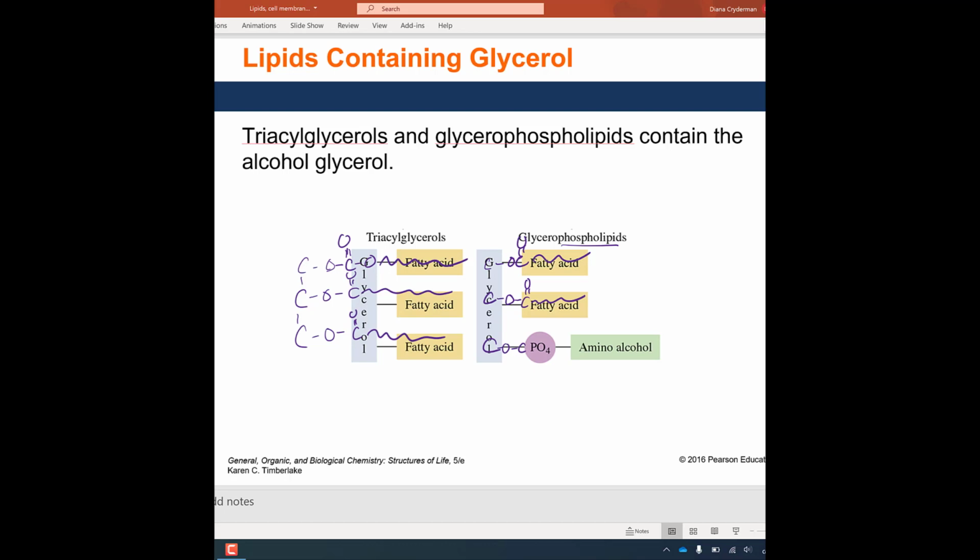Instead of having a carboxylic acid joined on to make an ester, we would have a phosphate group, and then something like an amine alcohol or something else, maybe even something that looks similar to an amino acid that might have otherwise been used in building a protein. We'll see what these look like in more depth in future slides.